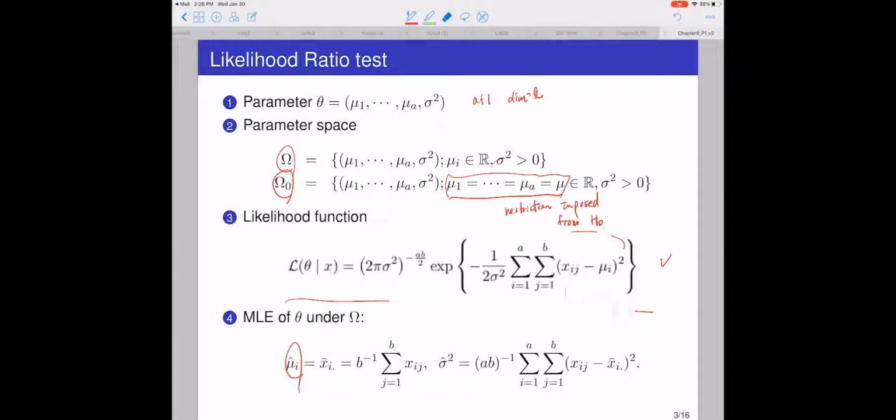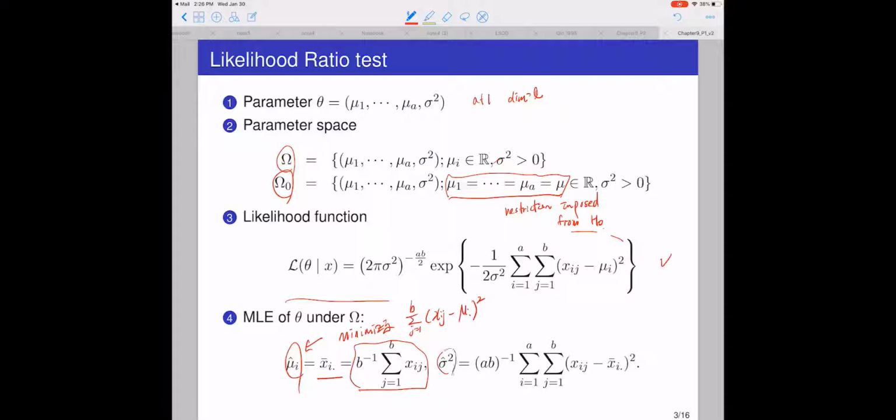So this one is obtained by minimizing the sum over j equal to 1 to B of xij minus mu i squared, which is basically the sample mean of xij in group i.